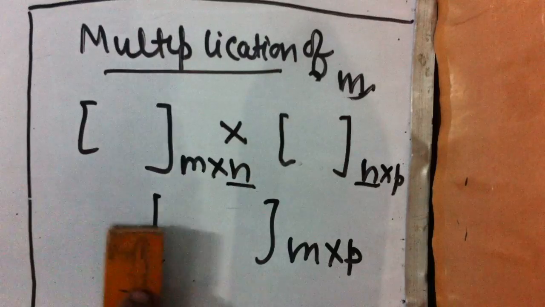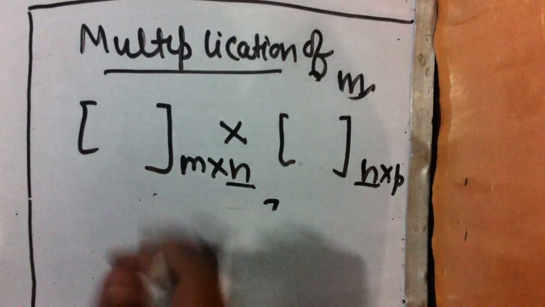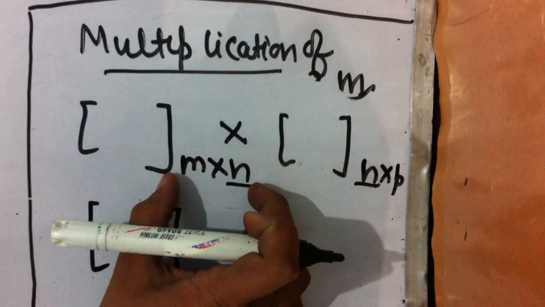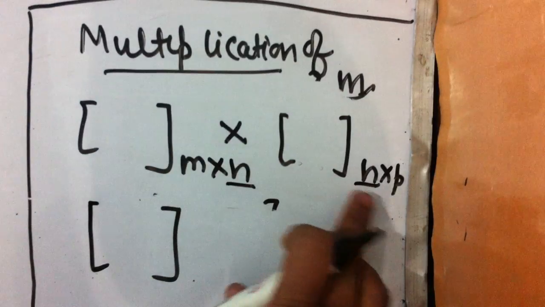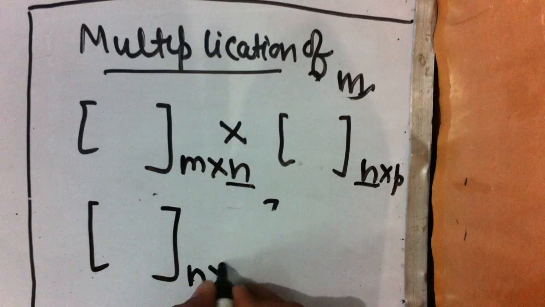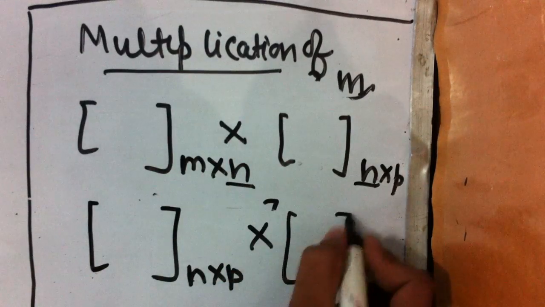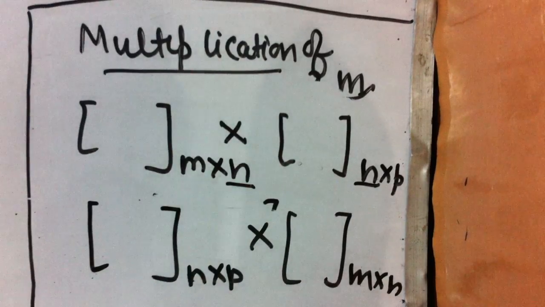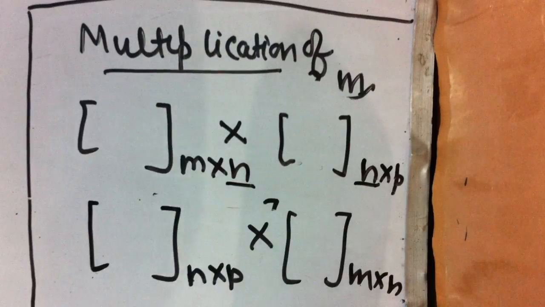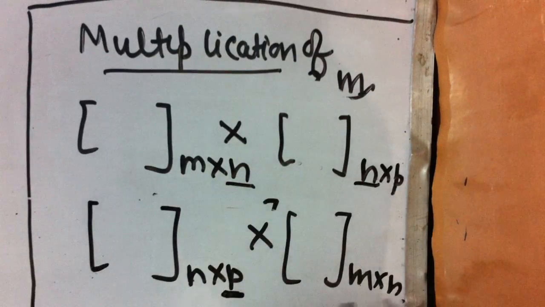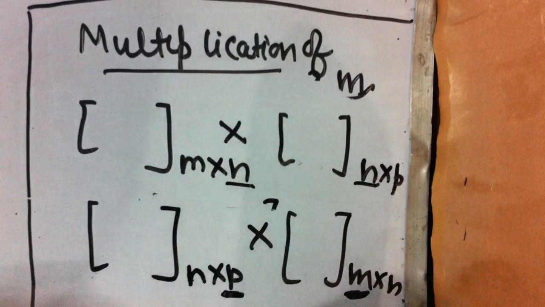Now, it is a different thing to say that we are multiplying a matrix of order M cross N with a matrix of order N cross P. If I multiply N cross P with M cross N, that couldn't be possible, as it violates our condition that the number of columns of the first matrix must be equal to the number of rows of the second matrix.